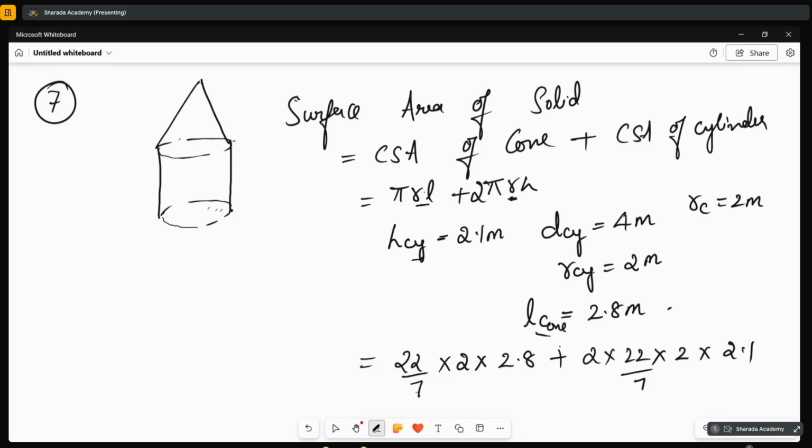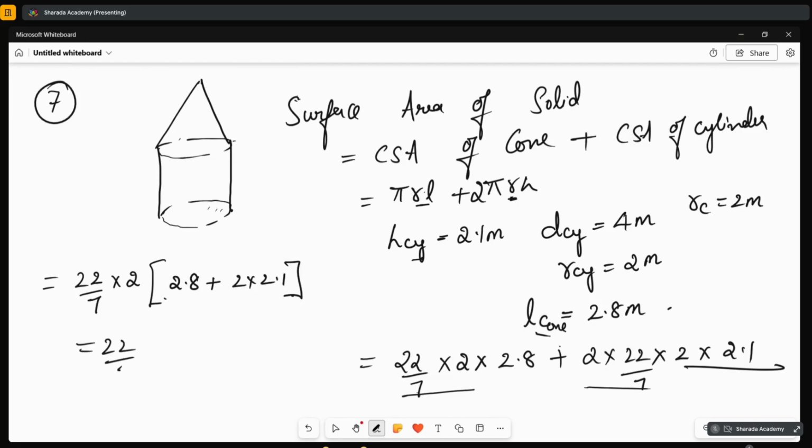Okay, so 22 by 7 into 2, I can take common here. So 2.8 plus 2 into 2.1. 2 into 2.1 is what? 4.2. 7, 7 you will get.